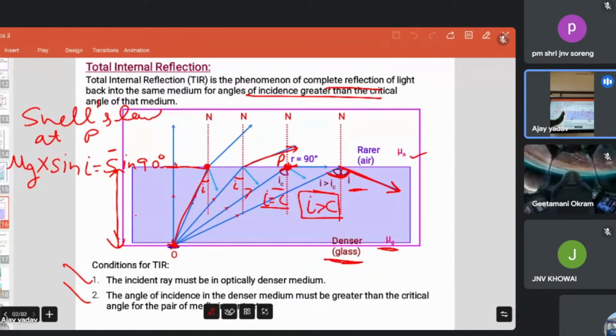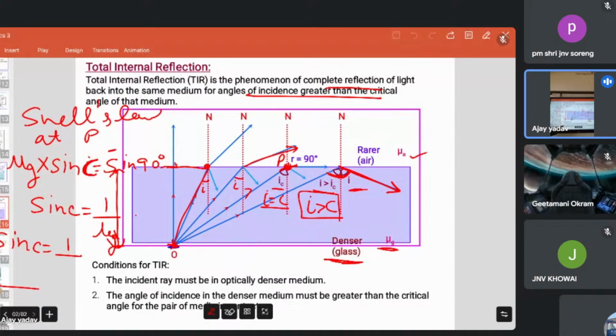So this angle of incidence i is the critical angle. So sine C is equal to sine 90 upon mu g, and sine 90 is 1. I write it here: sine C equals 1 by mu g. This is the formula that we will use to calculate the critical angle.